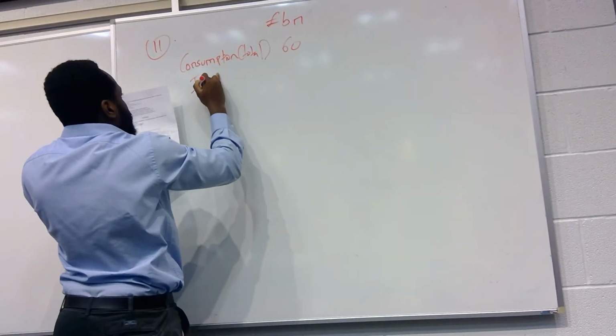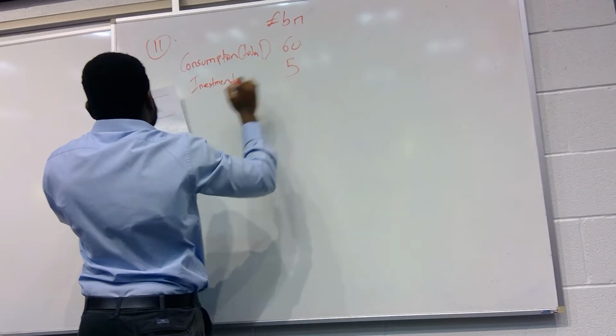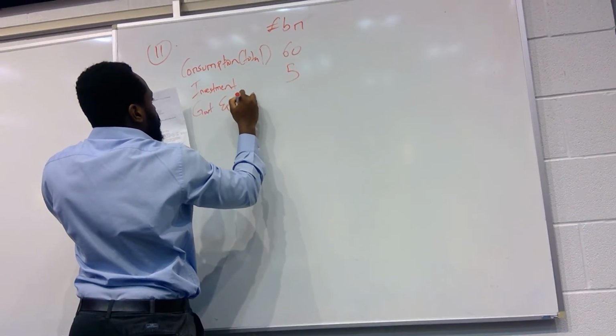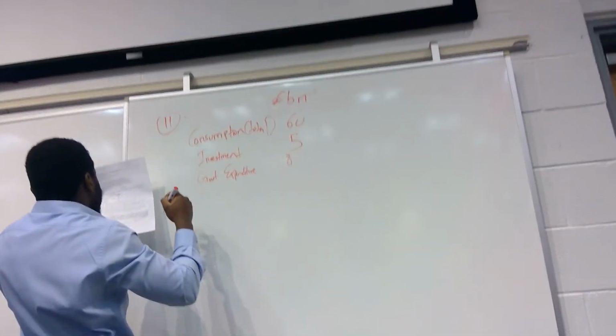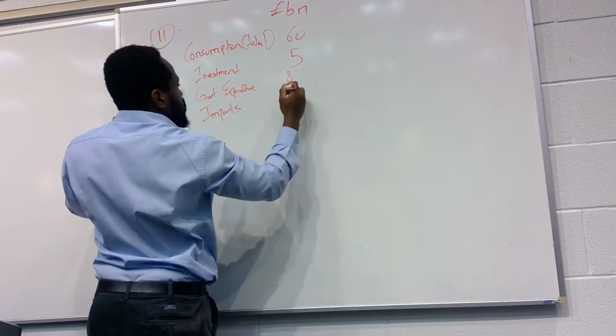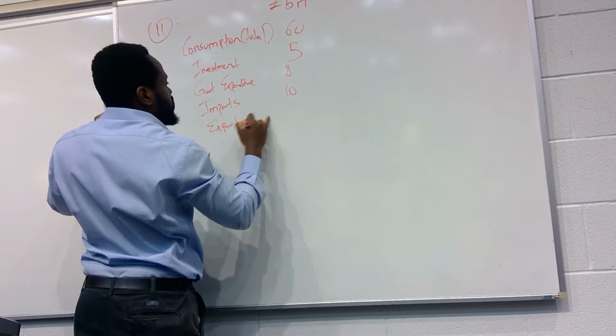We have investment, 5 billion. We have government expenditure, being 8 billion. We have imports, okay, we're importing goods and services, 10, and then we have exports, being 7.